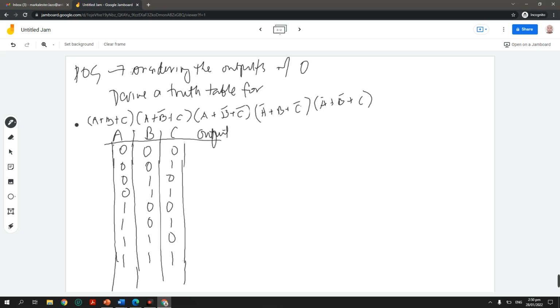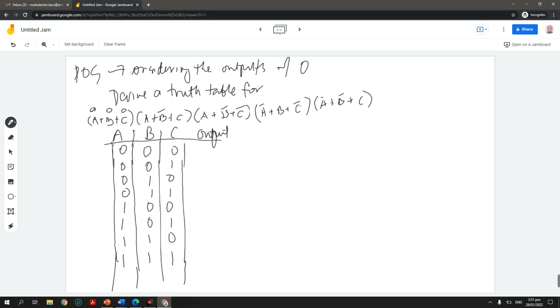So as I have mentioned earlier, in the POS, the inputs with zeros are written in true form, and the inputs with ones are written in complement form, and we are considering the outputs with zero for this truth table. So here, ABC, this is 0, 0, 0, because as we have said, 0 is written in its true form and 1 is written in its complement form.